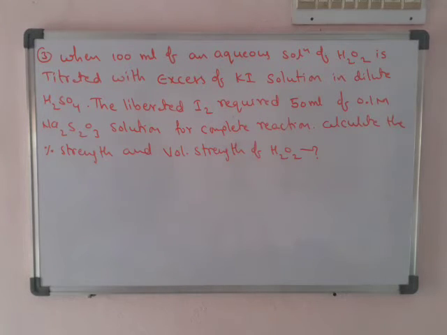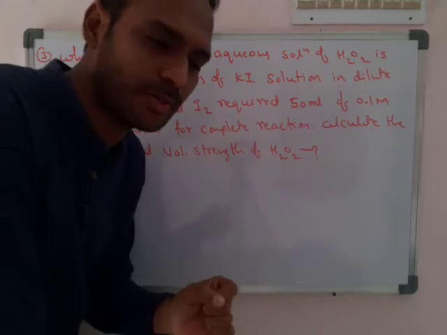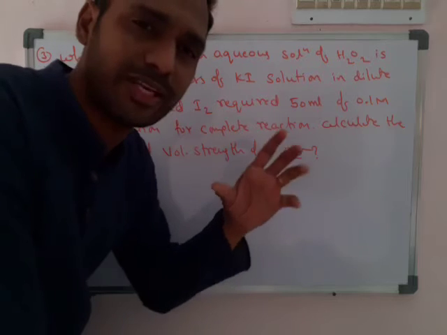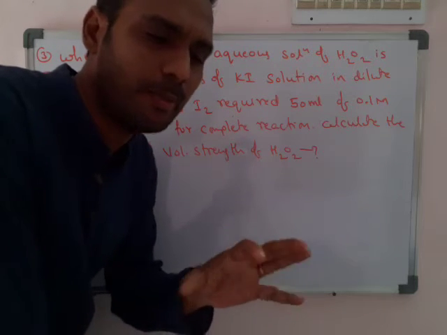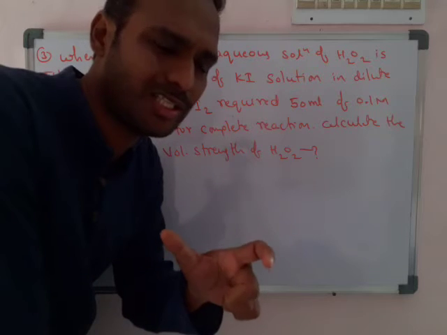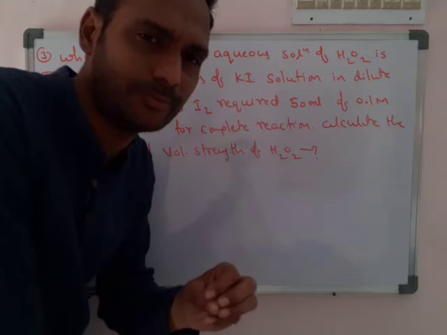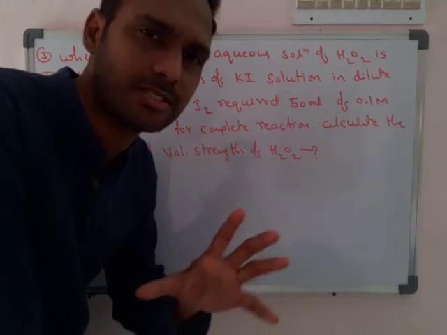See, here is one more important one. The problems based on hydrogen peroxide are generally very big, in 4 or 5 sentences. But just understand the problem and make it very short. Then the answer will be very easy, so don't see the size of the problem.